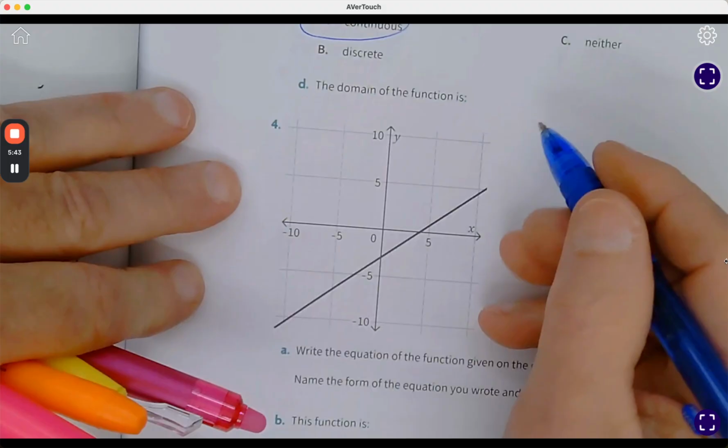Level up number 5. Using the information provided on the table of values. Okay, 0, 1, 1, 2, 2, 4. 1, 2 would be right there. 2, 4, 3, 8. This looks familiar as well.